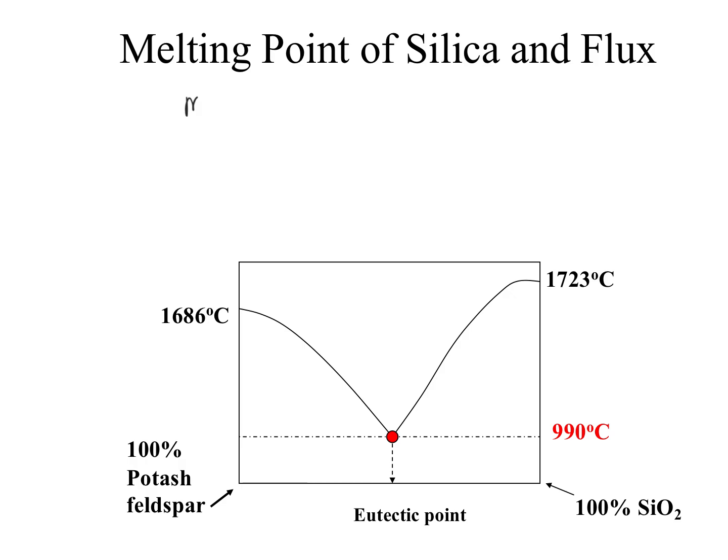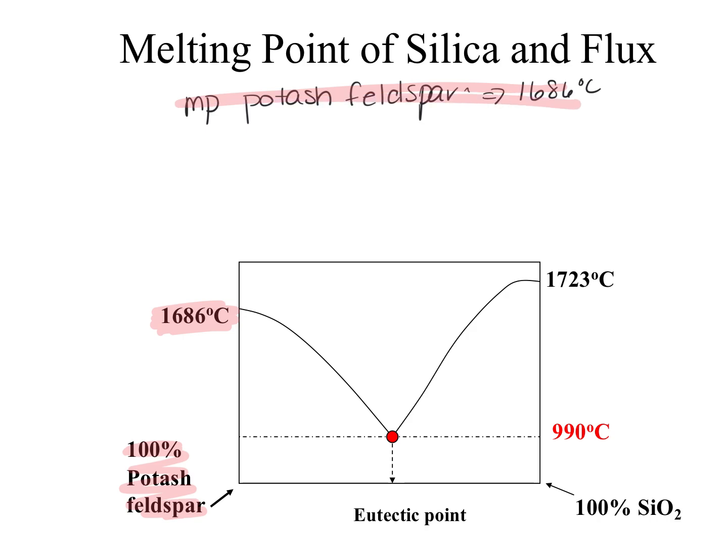Well, the melting point of just a potash feldspar is 1686 degrees Celsius, okay? And so if you look on the graph here, this is our potash feldspar. There is the melting point.